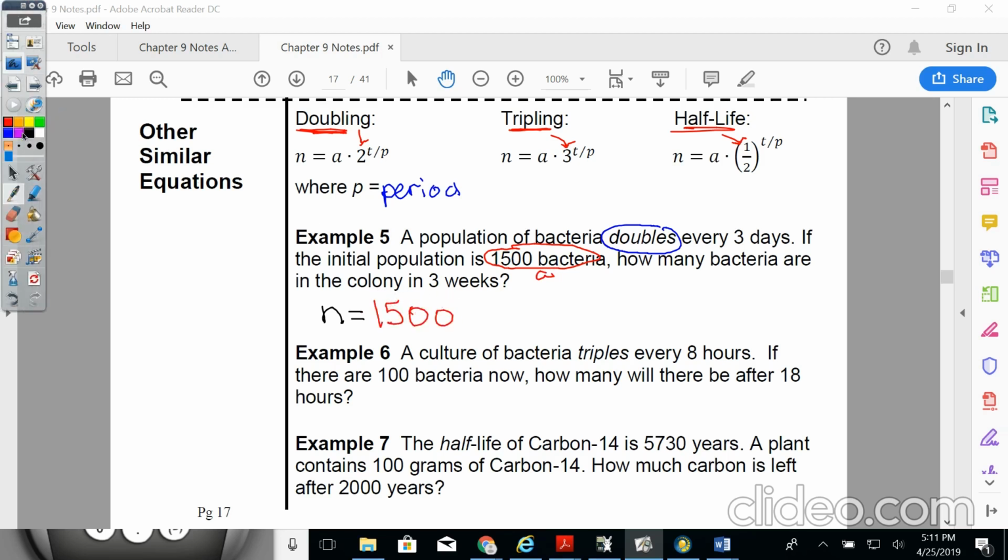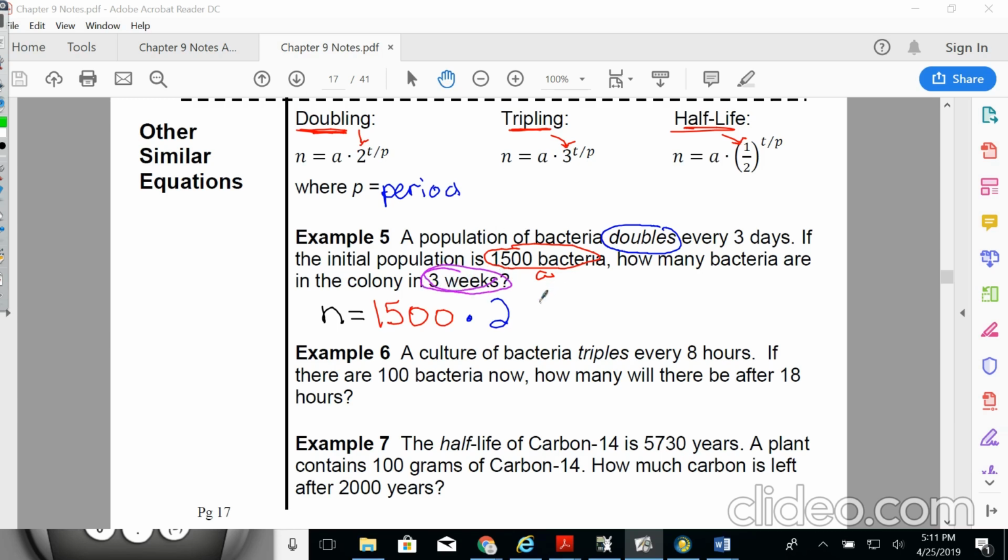I know it's a doubling, so I'm going to multiply by 2 to the T divided by P. So right here, how many bacteria are in the colony after 3 weeks? So the 3 weeks is what it's asking us. This is the time. But we need these units to be the same. So if this is in weeks and that's in days, we need to convert this to days because it's easier than converting that to weeks. So 3 weeks is 21 days.